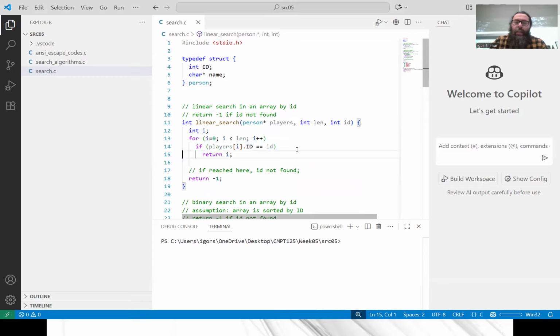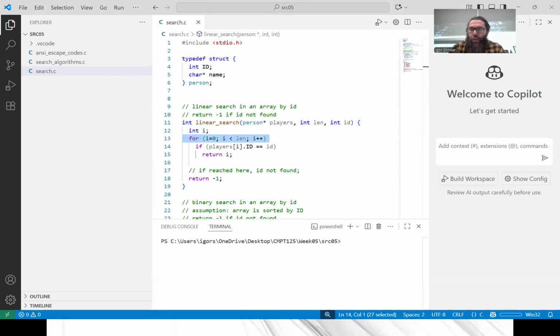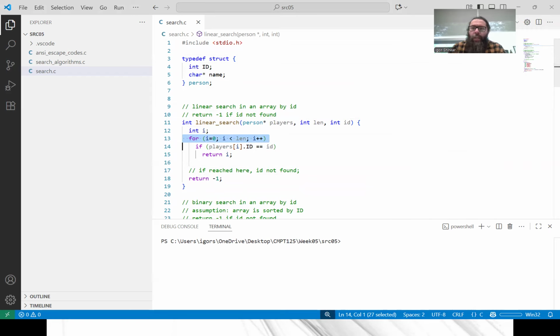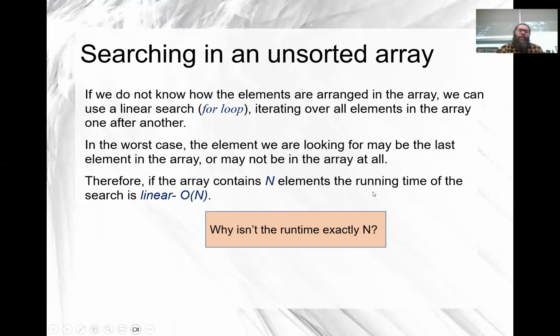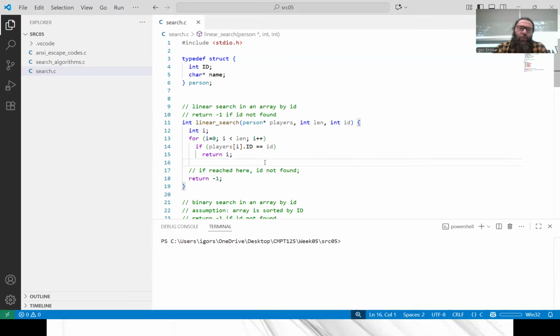There is comparing and there is the for loop, and the for loop is not completely free, right? So the running time is not n, and you can see why it's convenient to write O of n, because I don't know how many operations this for loop takes. Is it 2n? Is it 3n? I don't know. Let me try to show an example.